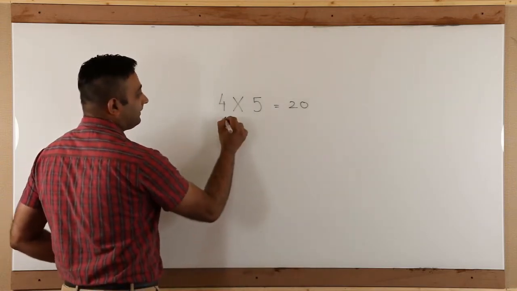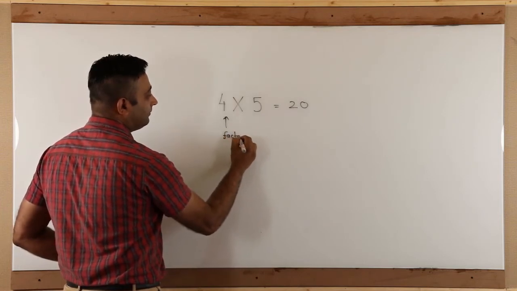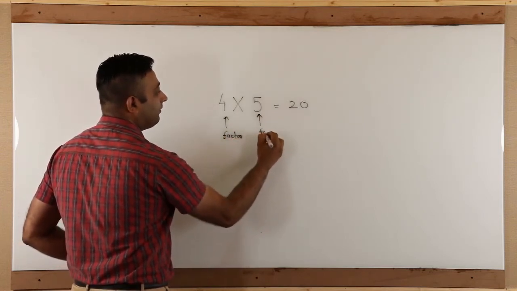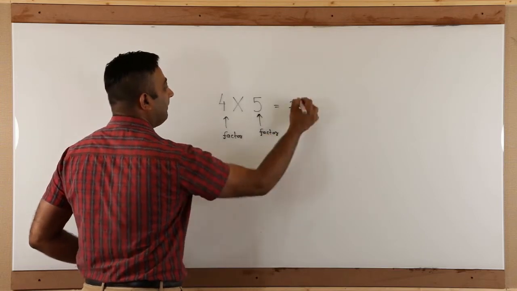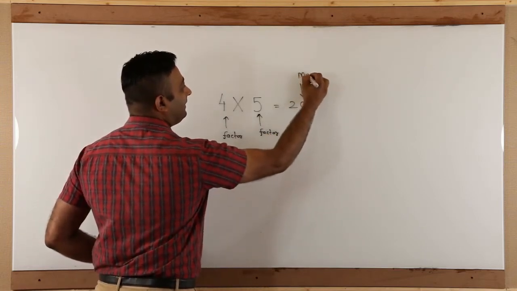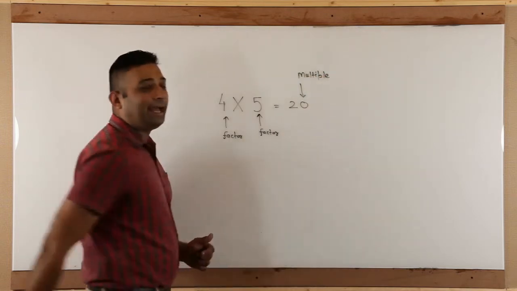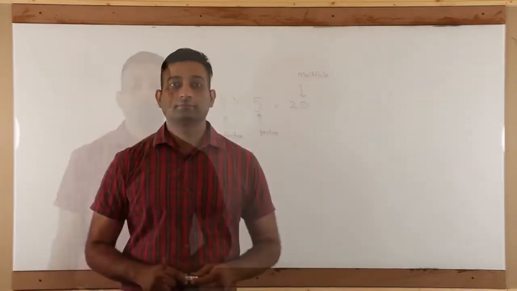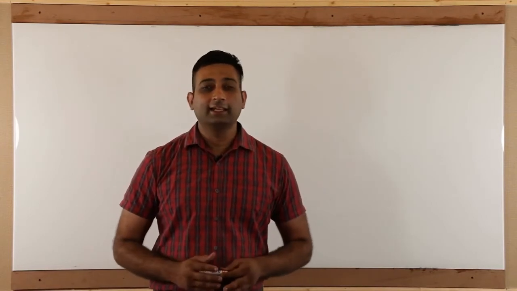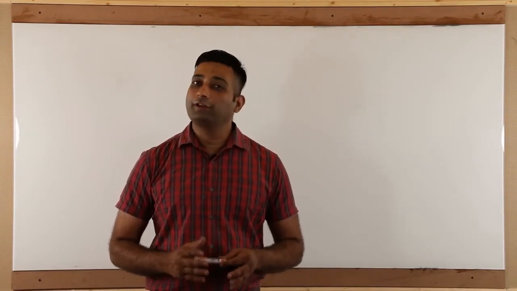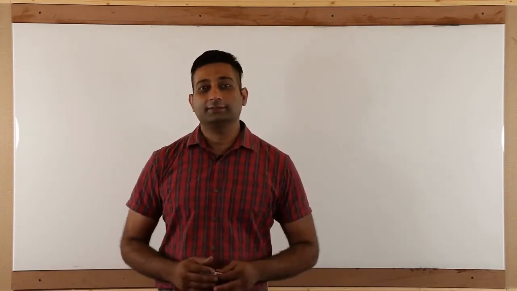That means 4 is a factor, 5 is also a factor of 20, but 20 is a multiple of 4 as well as 5. Hence, we can say that a number is a multiple of each of its factors.